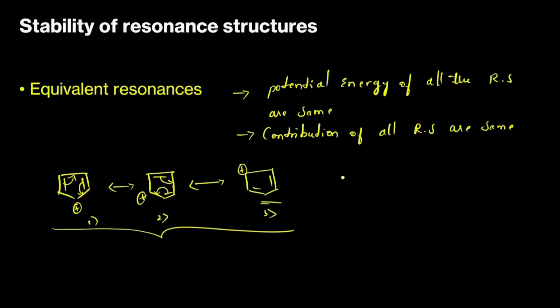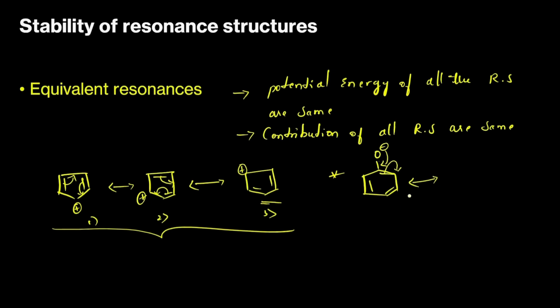If you consider one more example, O minus. If you write the resonance structure for this, the negative charge comes here and this pi electron moves here.